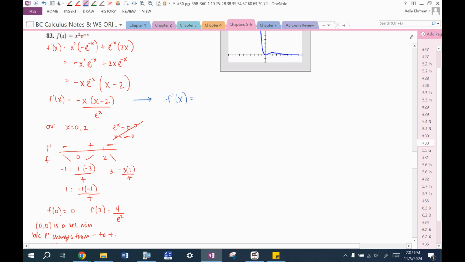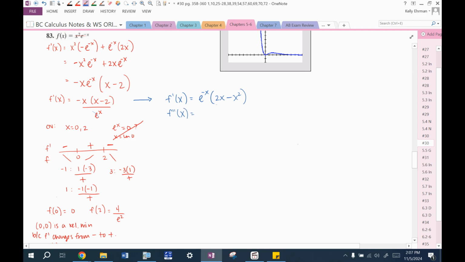It'd probably be easiest if I bring e to the negative x back up. But then I think I'm going to distribute this negative x through and make it 2x minus x squared. So all I did was, as if I just only factored out the e to the negative x. This is what I want to take the derivative of. I think that would be the easiest setup.